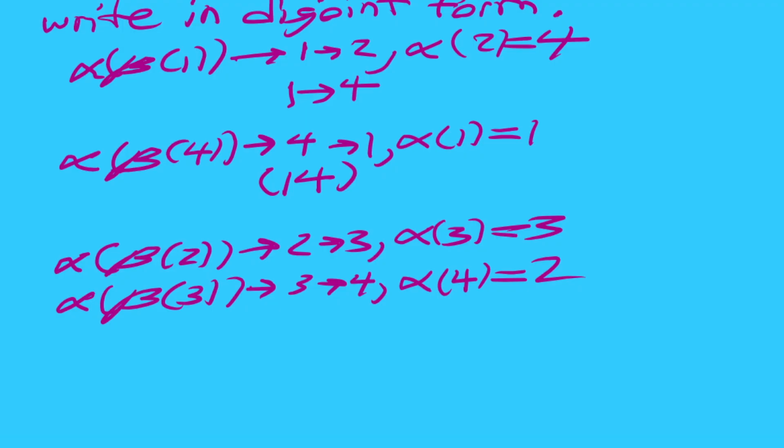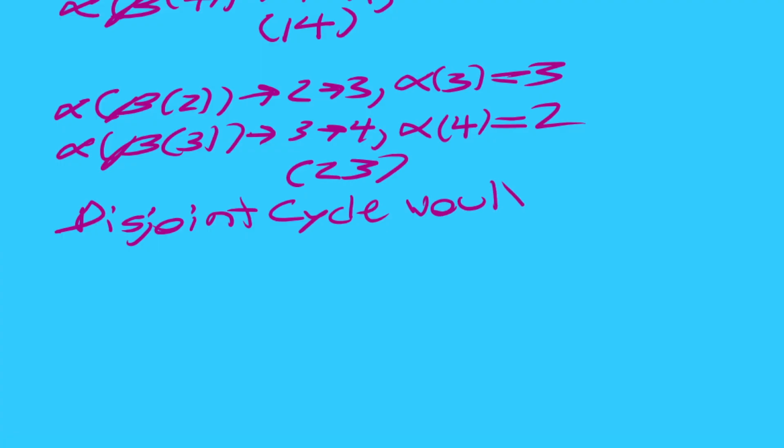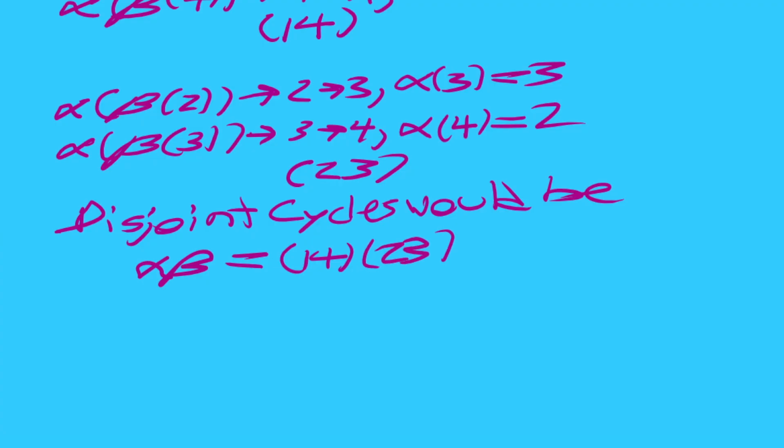So we can write this as the cycle (2 3). So our disjoint cycles would be alpha beta equals (1 4)(2 3).